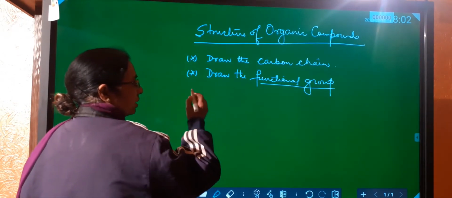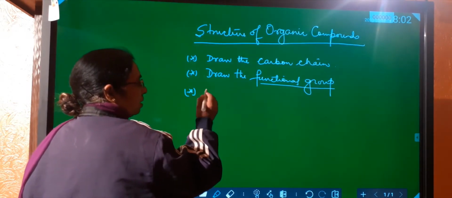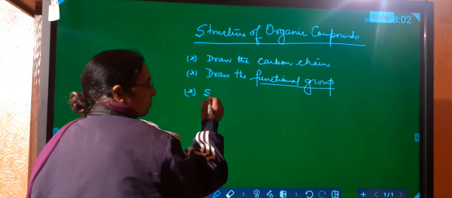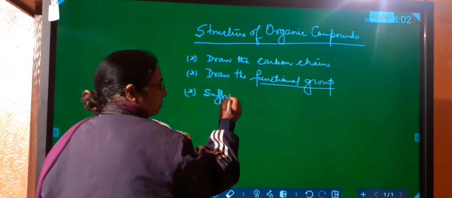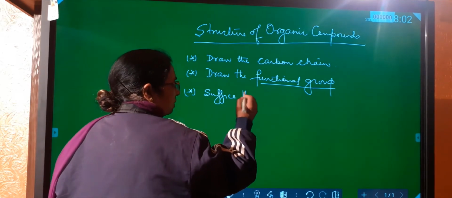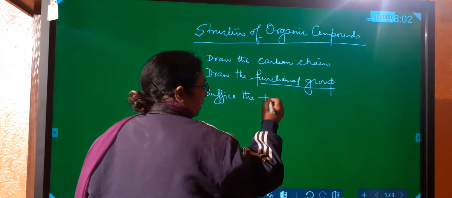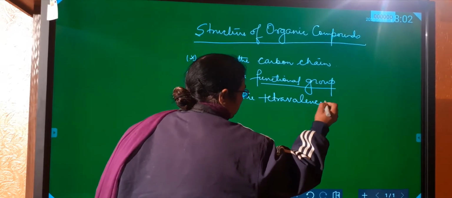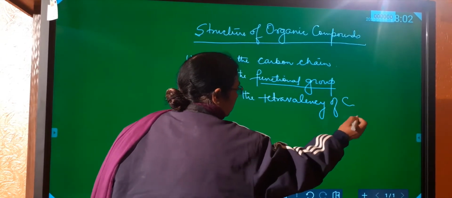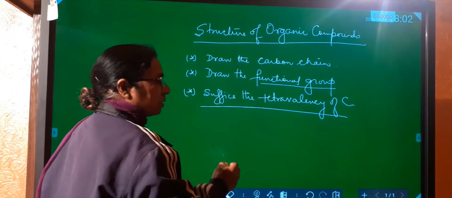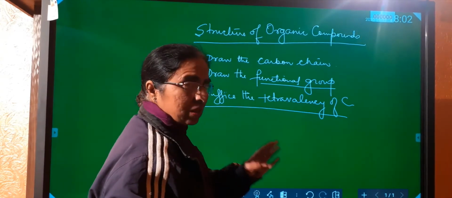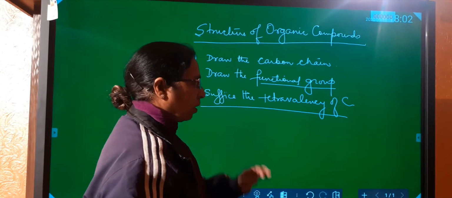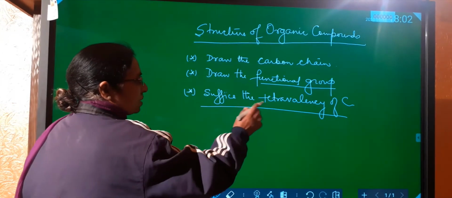Let us draw that. And then satisfy the tetravalency of carbon. Always see that carbon is tetravalent, which means there should be 4 bonds with carbon. So, tetravalency of carbon.